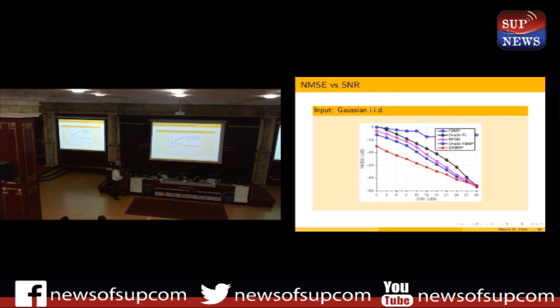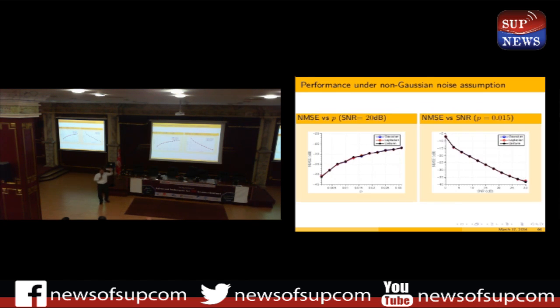This is another interesting figure. Here what we're doing is this. We take the same sparse vector and we make the amplitudes once uniform, once Gaussian, and once Laplacian. And we want to see the difference in performance in the mean square error we make.